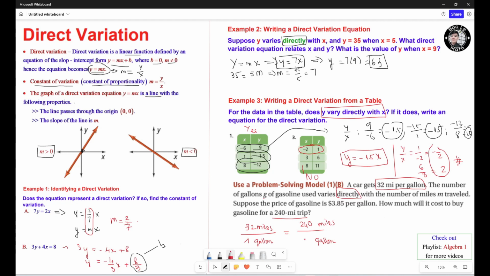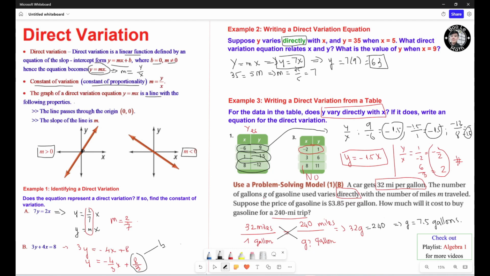So you put G right here. So you just cross multiply. 32 times G equals 240 times 1, which is 240. Now divide both sides by 32. So G equals 7.5 gallons.